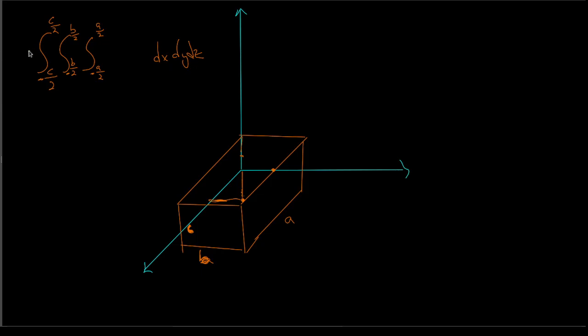And so if I want to find how hard this would be to rotate around the z, what the moment of inertia would be to give it a z rotation, what the resistance to this type of rotation would be, then I'm going to take x squared plus y squared. If I want to find the moment of inertia rotating about the y-axis, I'm going to have the same region, so the same limits of integration.